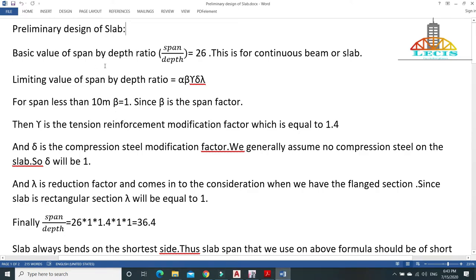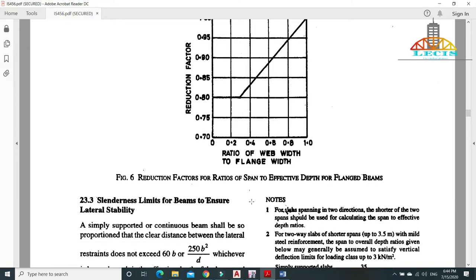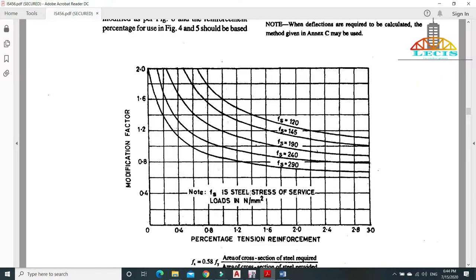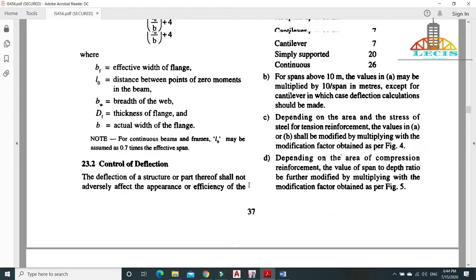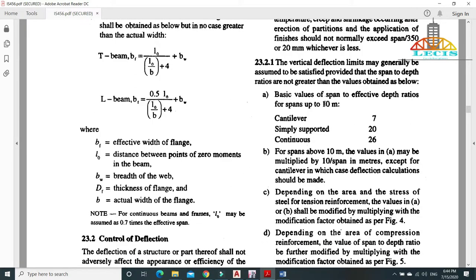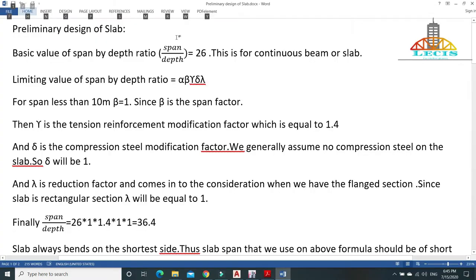So you can see the IS code here. Basic values of span to effective depth ratio for spans up to 10 meter is, for cantilever slab it is 7, for simply supported slab it is 20, for continuous slab it is 26. It is applicable to both beams and slab. So we call this basic value given by IS code as alpha, that is, for our case, alpha equals 26.